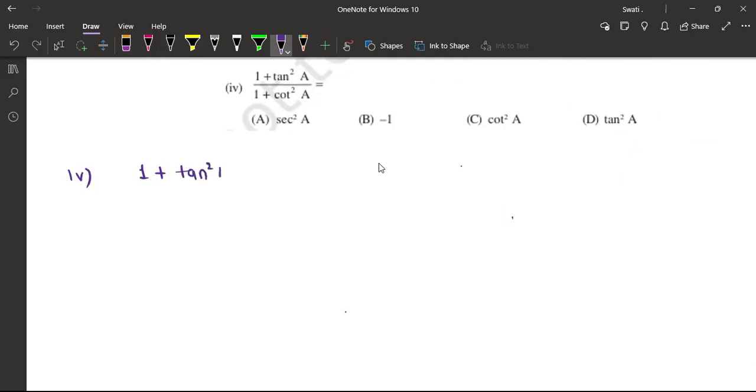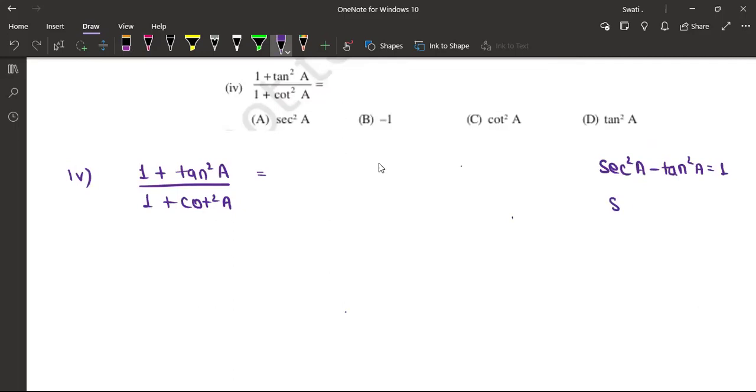All right. Okay. Let's solve this. (1 plus tan square A) upon (1 plus cot square A). So Manya, here you can notice that both are in a trigonometric identity. The second trigonometric identity was sec square A minus tan square A is 1, right?